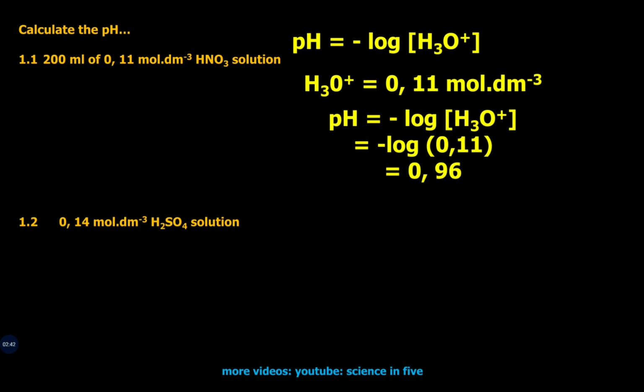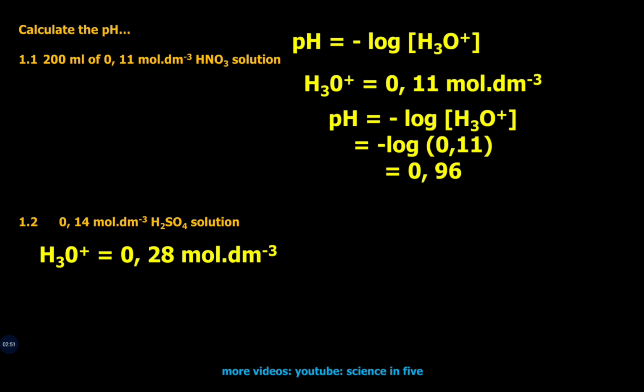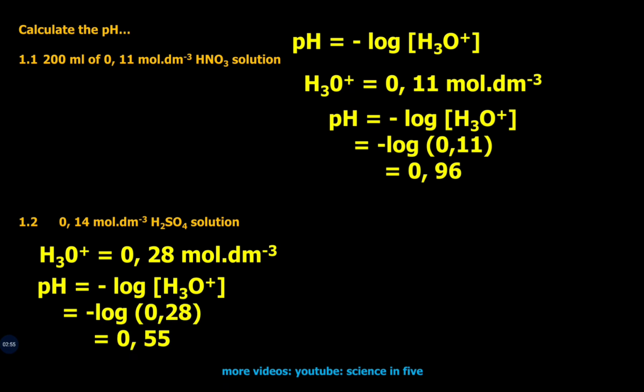So the concentration of hydronium ions will be twice the concentration of the acid, which will be 0.28 moles per decimeter cubed. Once we get that, it's now an issue of plug and play into the formula. pH equals minus log the concentration of hydronium ions, and we get a pH value of 0.55.